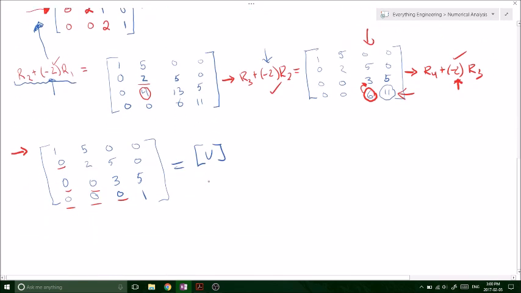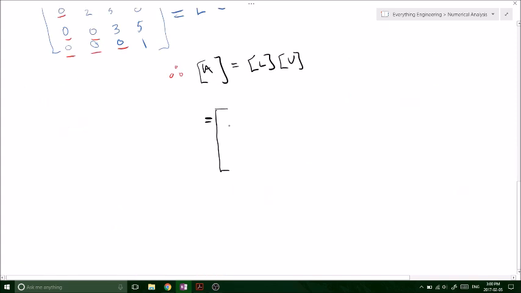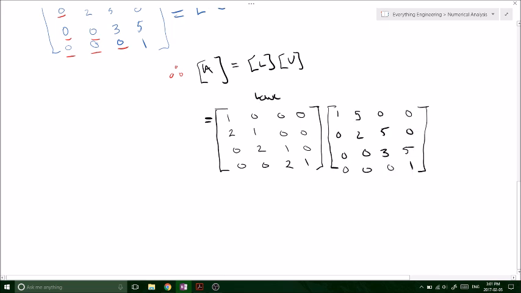So let's just write this out. So our lower triangular matrix was nothing more than this, and our upper triangular matrix. Lower and upper. And then just to confirm, you can do this on your own.